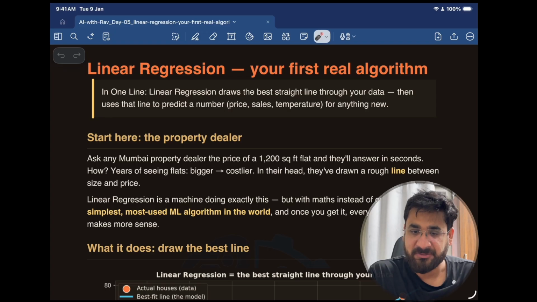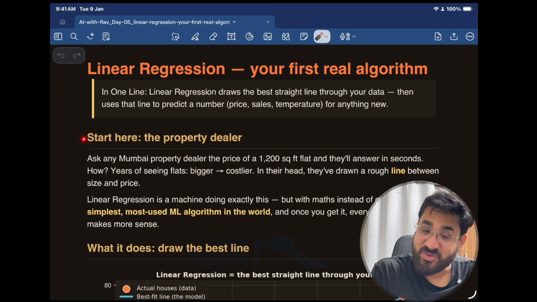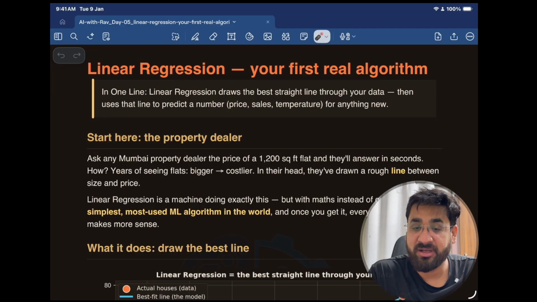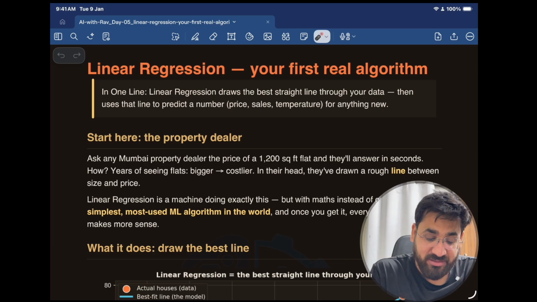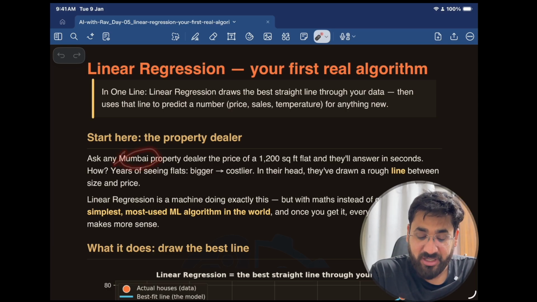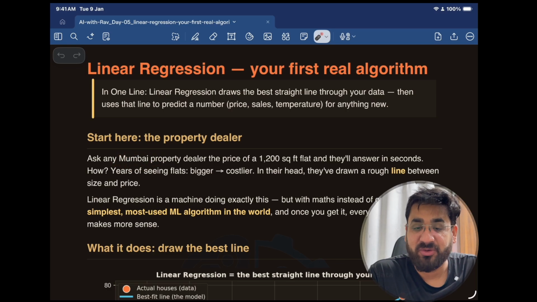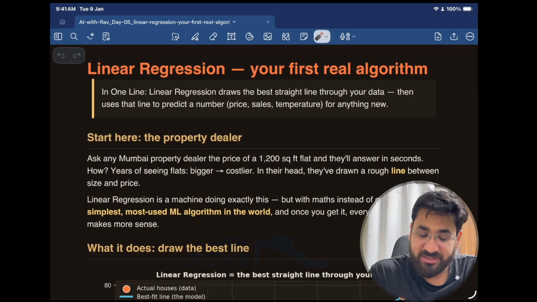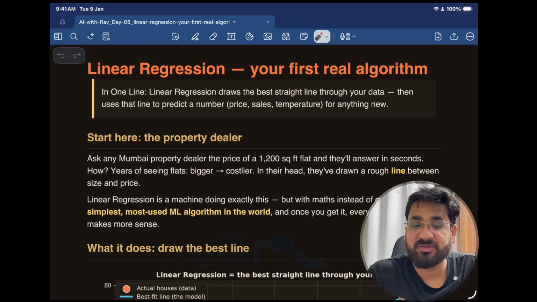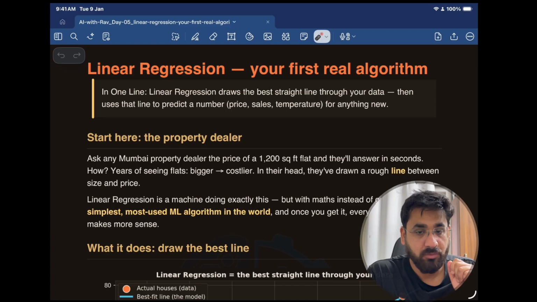As simple as that. Now, as we always do, we discuss this with a story, because this is how we connect with the real world. The story is, if you go and ask any property dealer in Mumbai what is the price of a 1200 square feet flat, they can tell you within a second.